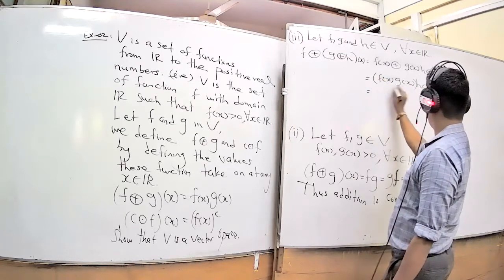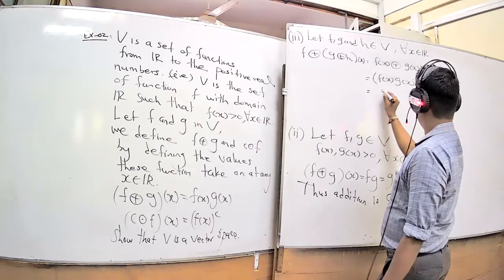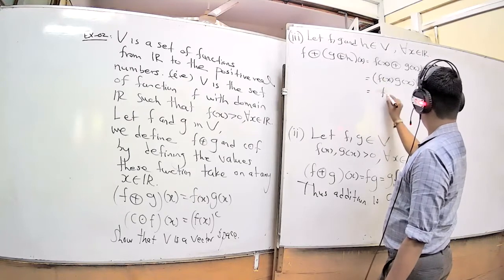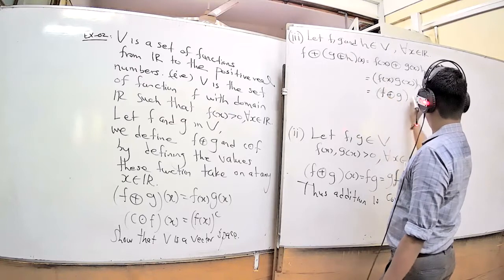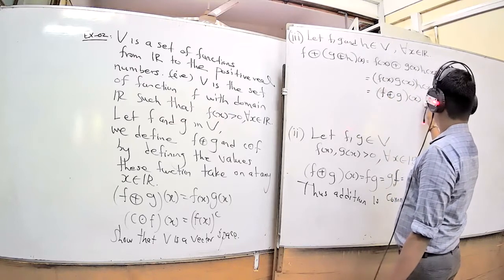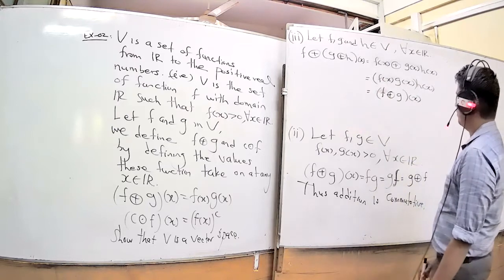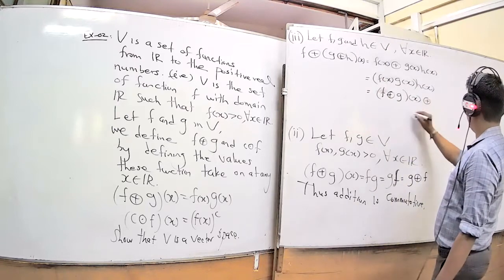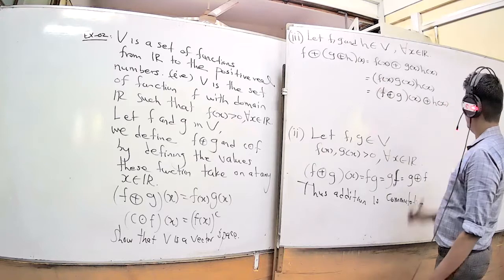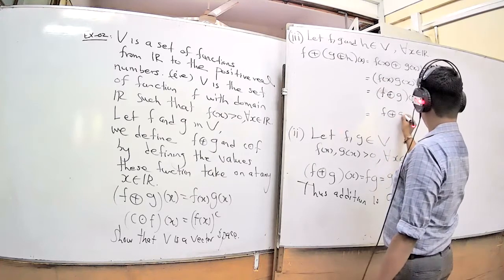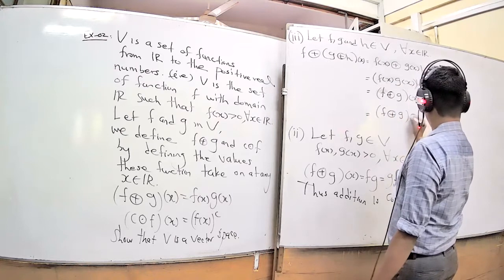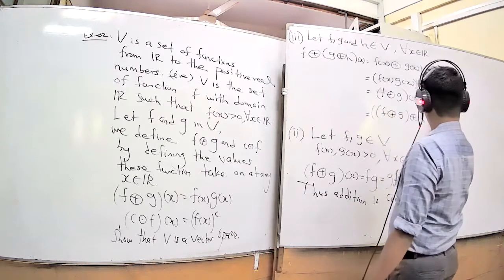Then for this part, you can write f vector addition g of x, f plus g of x again vector addition h of x. It is your f vector addition g again vector addition h of x.